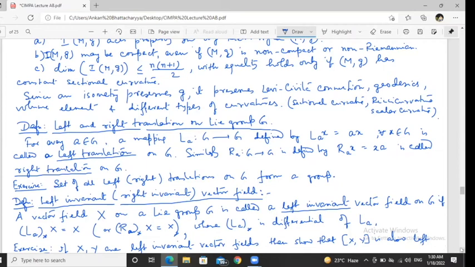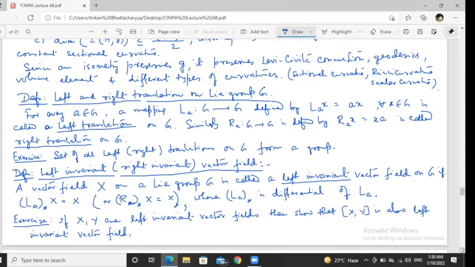Now, left invariant vector fields and right invariant vector fields. A vector field X on a Lie group G is called a left invariant vector field on G if L_a* X = X, where L_a* is the differential map of L_a, or R_a* X = X for right invariant.